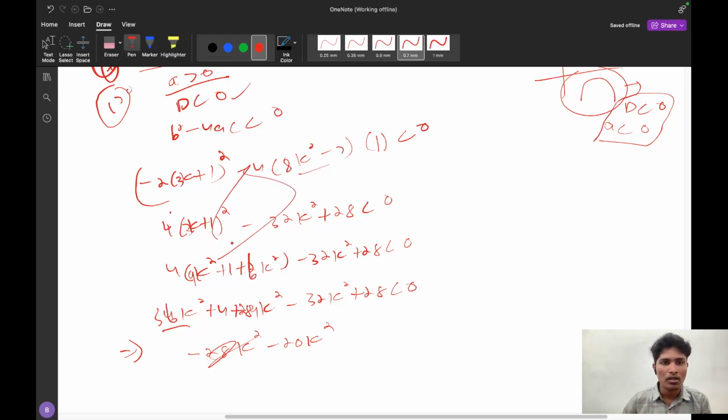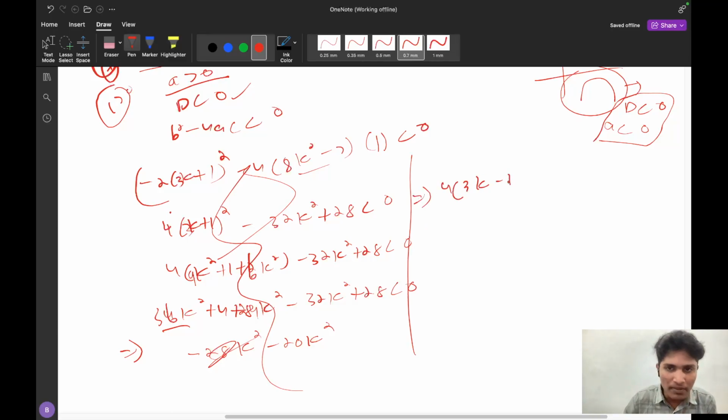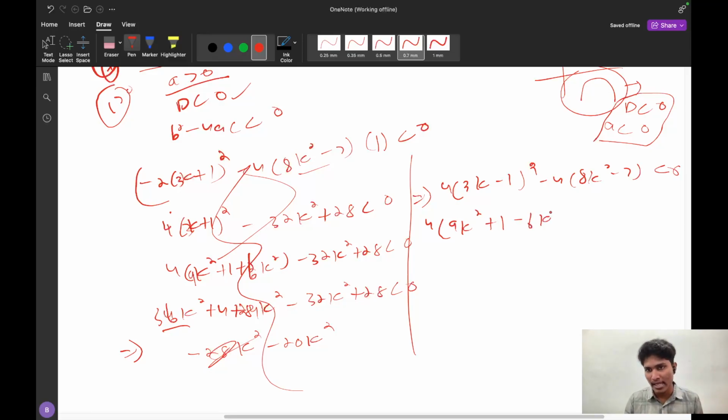One second, guys, I can repeat this entire thing here. Basically 4 into 3k plus 1 whole square minus 4 into 8k square minus 7 should be less than 0. So 4 into 3k whole square is 9k square plus 1 plus 6k, minus 32k square plus 28 less than 0.